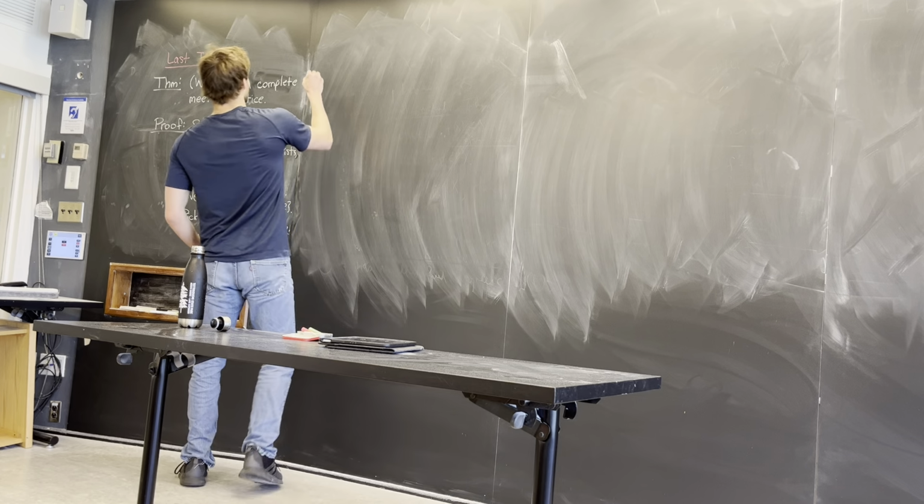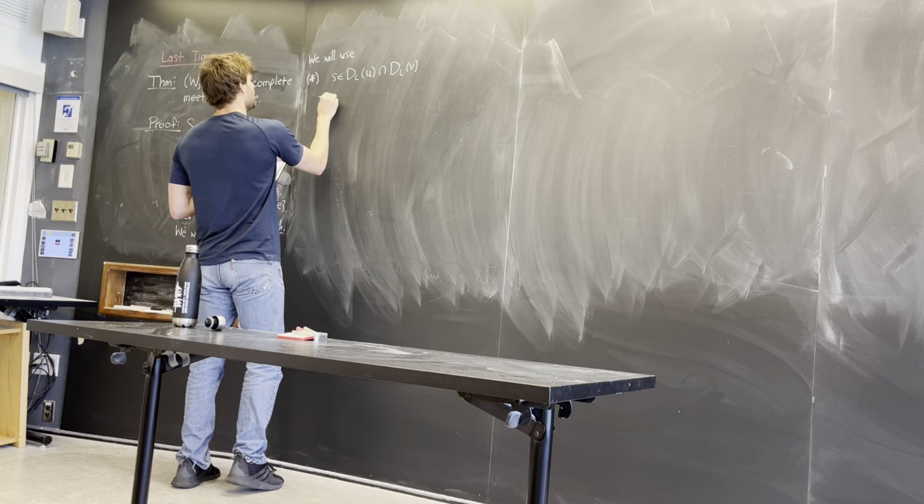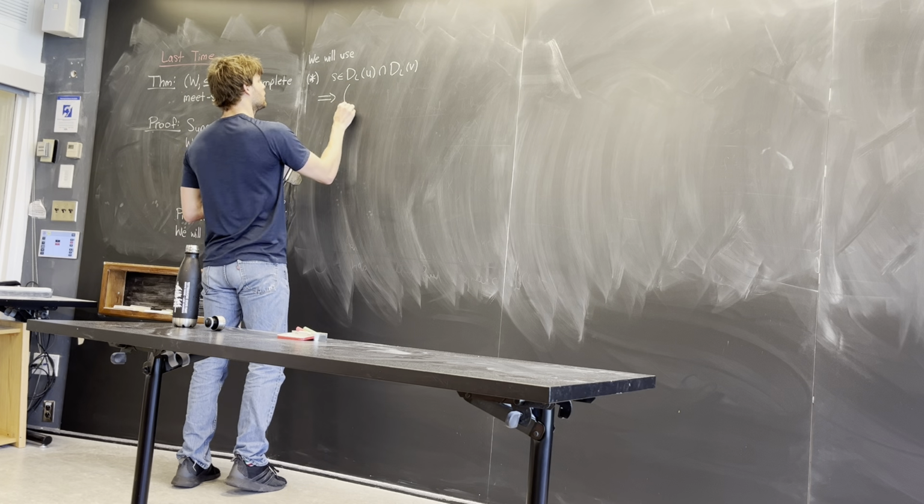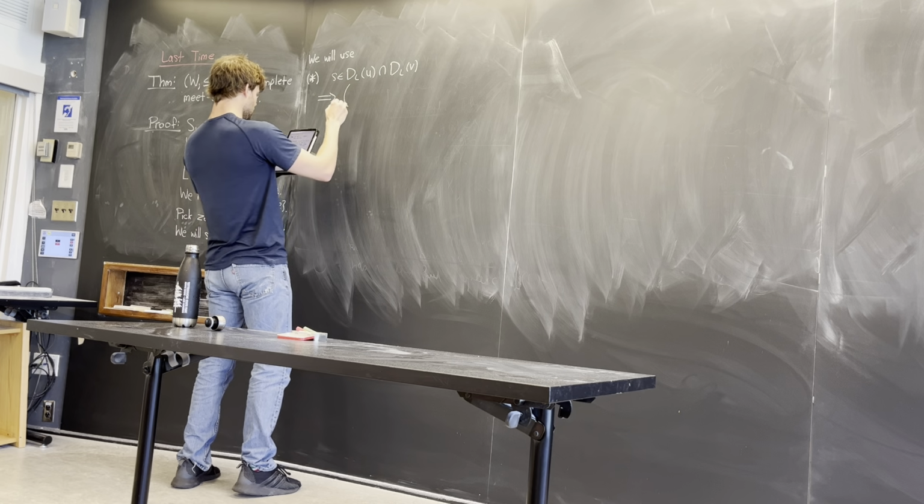This is that if we have a simple reflection s which is a left descent of some element u, and it's a left descent of some element v, that implies that u is less than or equal to v in the right weak order if and only if su is less than or equal to sv in the right weak order.